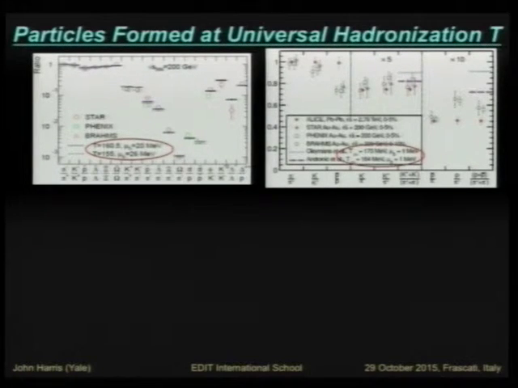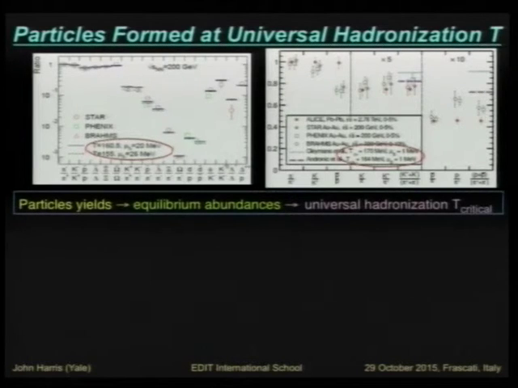And you'll notice that the baryochemical potential at LHC is much lower than that at RHIC, and that's because you have many more particles produced, and so you have many more antiquarks and quarks compared to any excess that you might have. So these particle yields actually appear to resemble equilibrium abundances at temperatures near that predicted by the lattice for the phase transition.